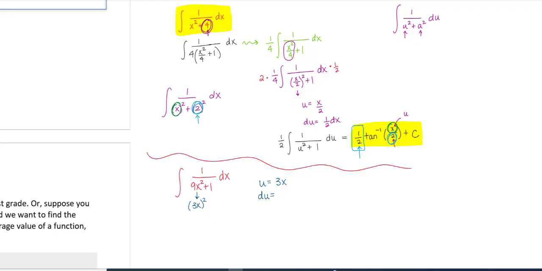So du is 3dx. I can multiply in a 3 and out a 1/3. And if I do my rewrite, I have 1/3 antiderivative 1 over that quantity 3x squared would be my u squared. I still had the plus 1, and it's du. So this turns into just 1/3 inverse tangent of u, which is 3x plus c.